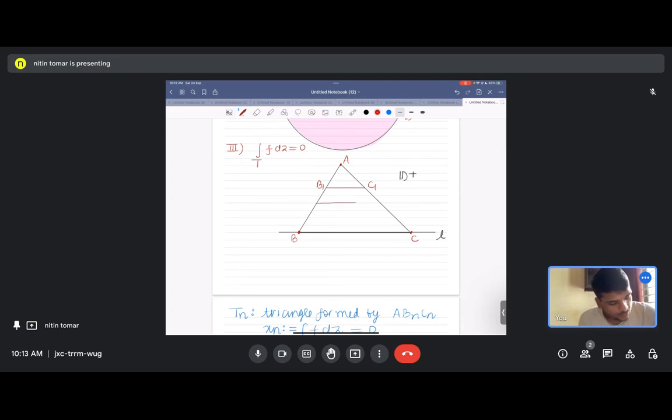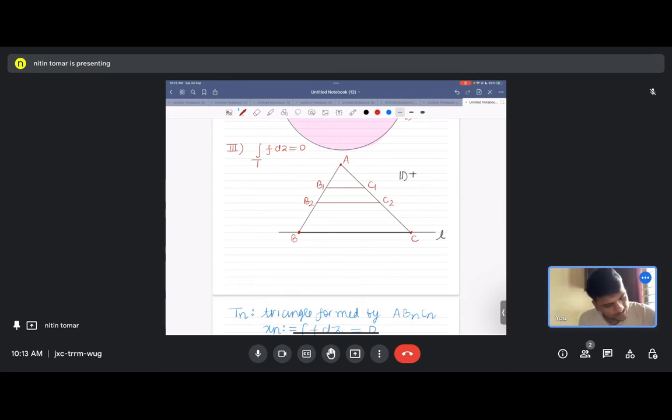Then you go again to this triangle A2, B2, C2. Again, the integration of f over the triangle A2, B2, C2 is 0.